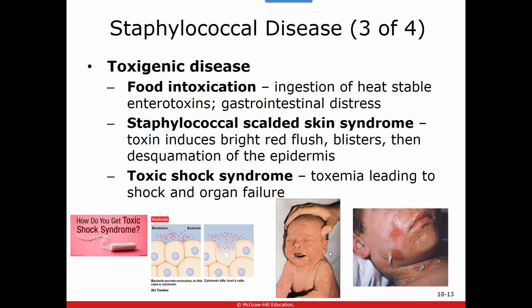You just gave it a place to grow. So that's usually the most common way that people end up picking up this particular bacteria, leading to toxic shock syndrome.